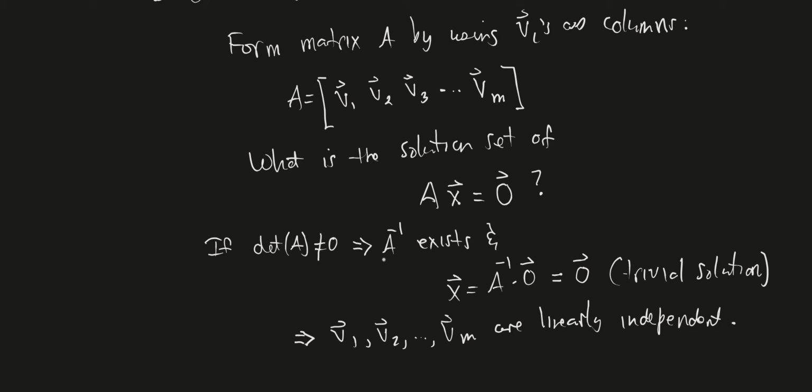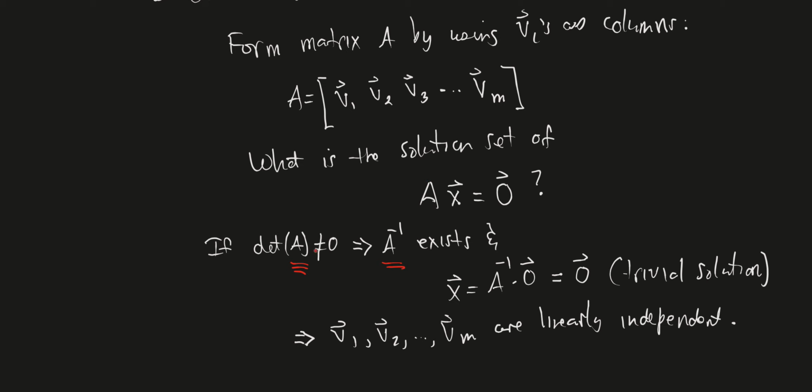So we can use these two concepts, invertibility or having a non-zero determinant. If the coefficient matrix ends up being a square, we can utilize this fact and show that the columns have to be linearly independent, right?